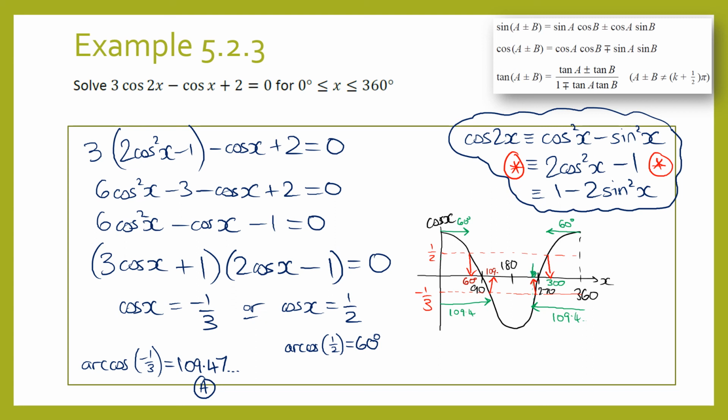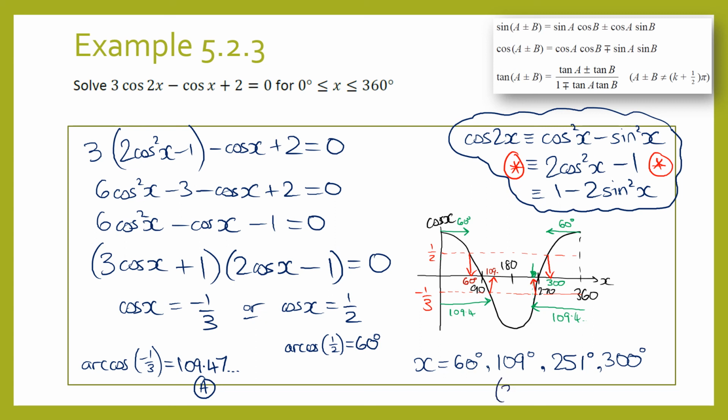Let's summarize our angles. We've got x is 60 degrees, we've got 109.47, so I'm going to round that to 109 degrees to 3 significant figures. And then our next one was 360 minus 109.4, which to 3 significant figures was 251 degrees, and then our final one was 300 degrees.